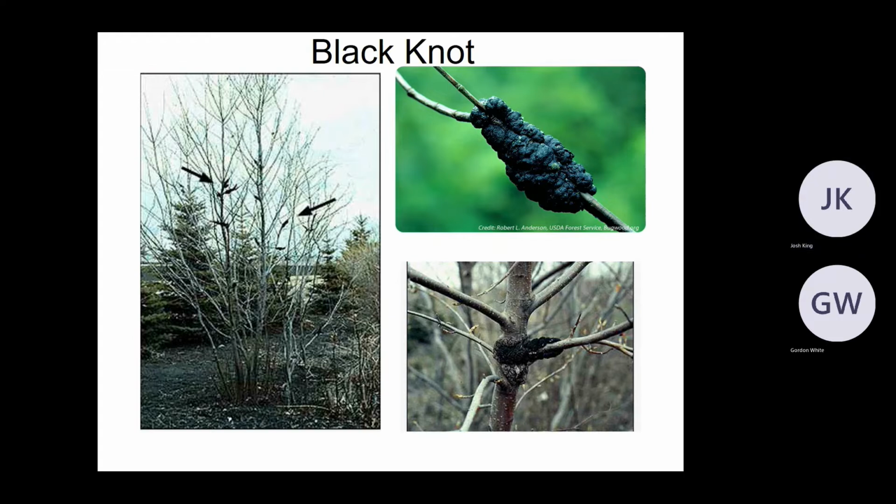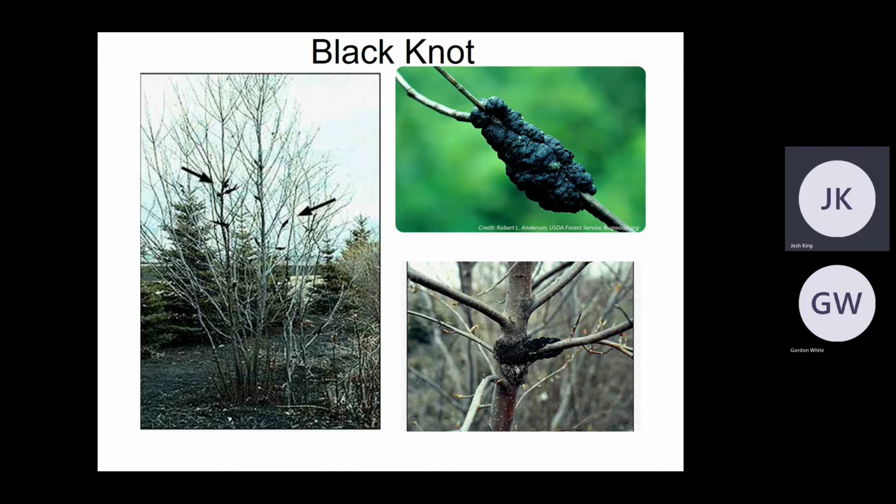Black knot. So this is one disease that our predecessors in Okotoks really tried to focus on, and when it comes right down to it, it's unsightly, but it's not likely to kill the tree, especially if we inspect annually and prune out any signs of infection.